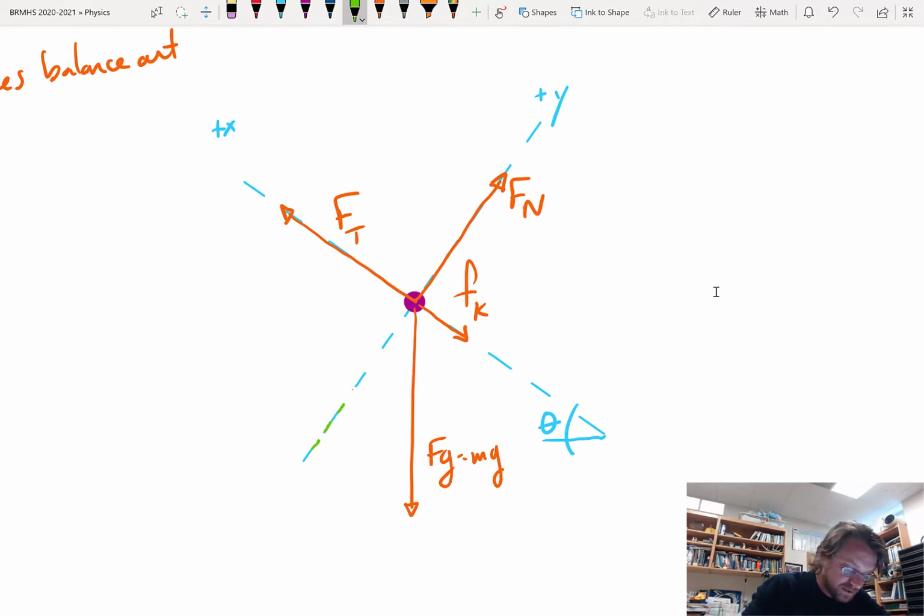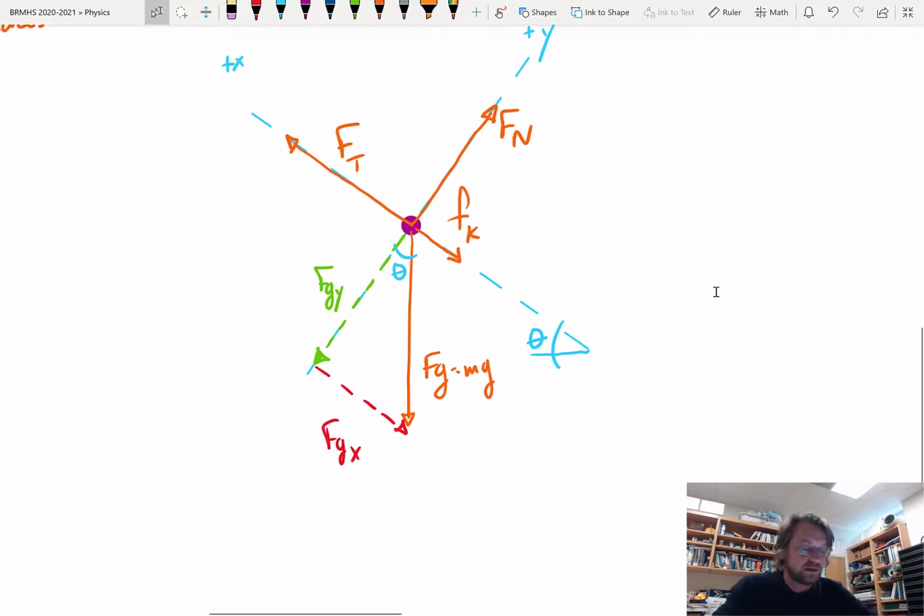So I'm going to draw dotted lines. The green one I keep along the y-axis. So that's the force of gravity in the y direction. Remember, our angle theta is right up there. We've got our red or x component of gravity, Fgx, down there. And now our free body diagram also has those component parts of the gravitational force.